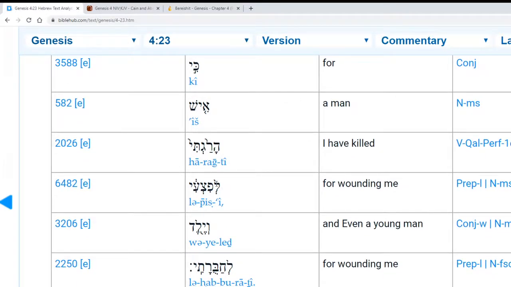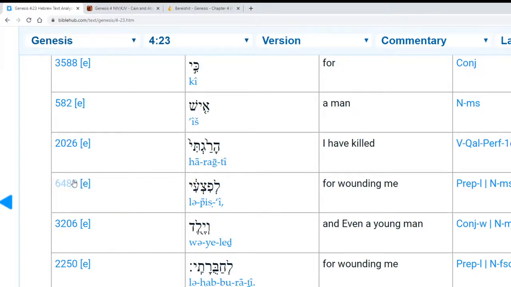Lepitz'i. So this is the prepositional lamed. Petza. This is not the same as the petza we had before. This is Pei Tzadi Ayin. Lepitz, and the yud at the end means mine, right?